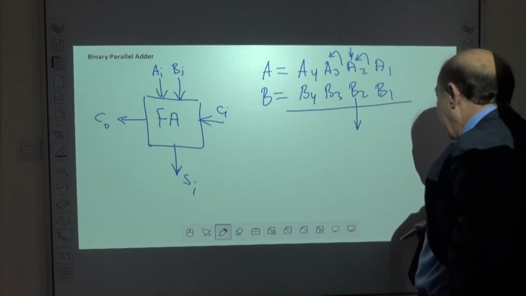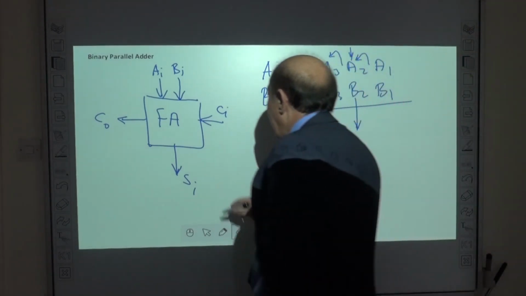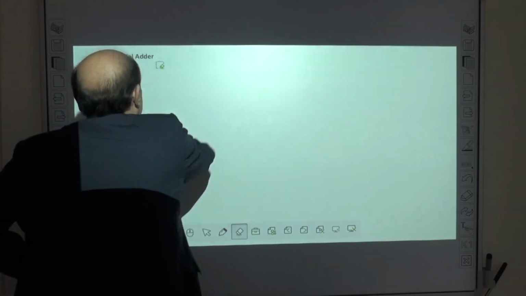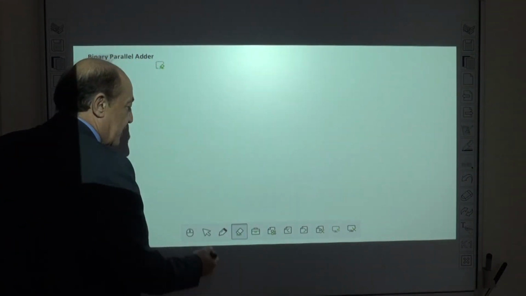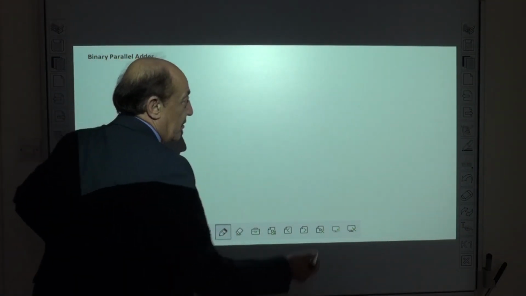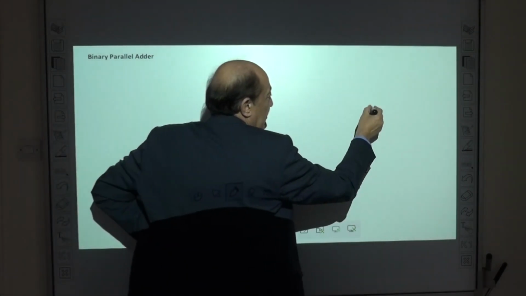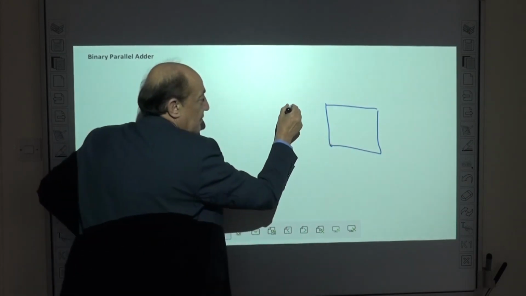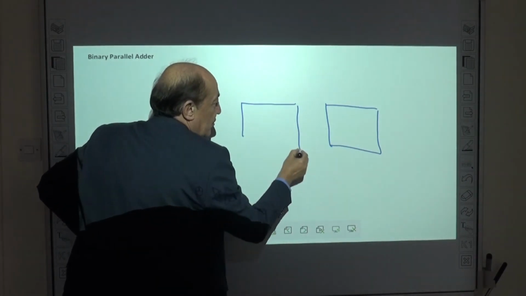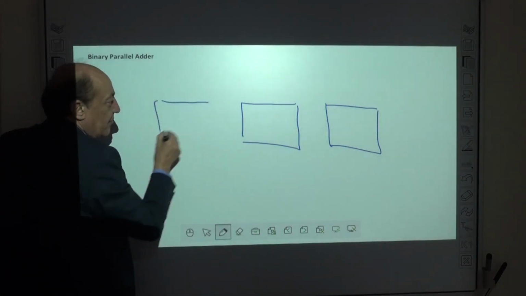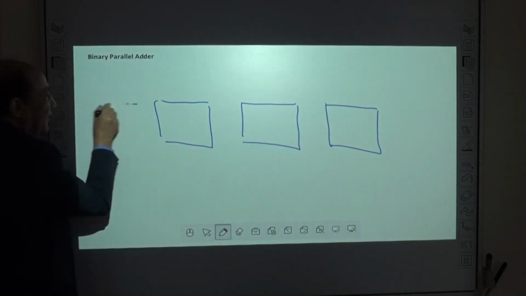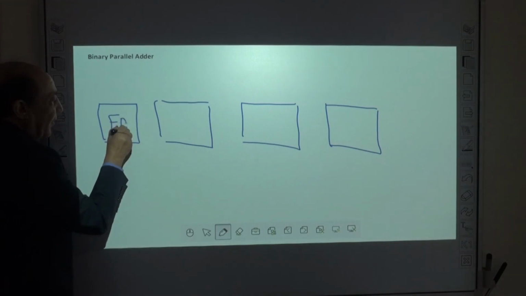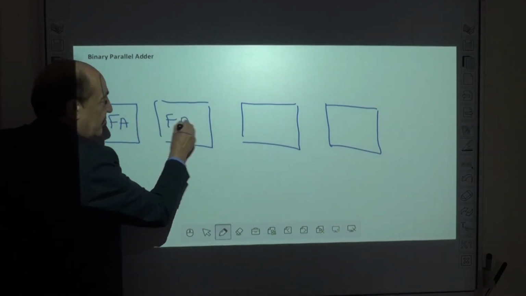A binary parallel adder is a circuit that adds 2 binary numbers. For example, we need to add a 4-bit number A to a 4-bit number B. Then we need 4 full adders.